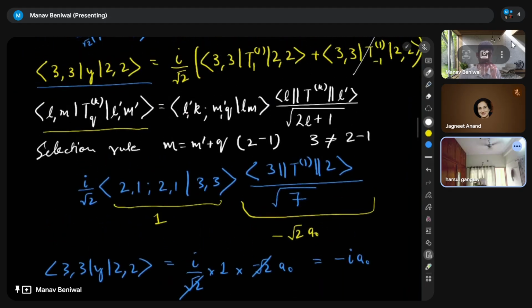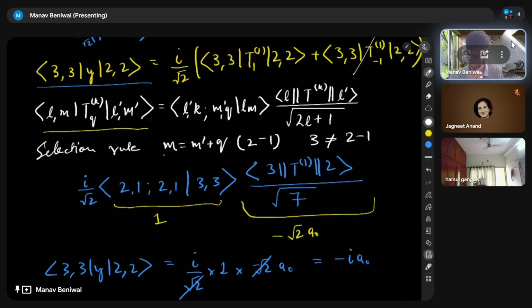Selection rule: M equal to M dash plus Q. So this is the selection rule. If this rule is violated, then we can directly say that our Clebsch-Gordon coefficient will be 0.